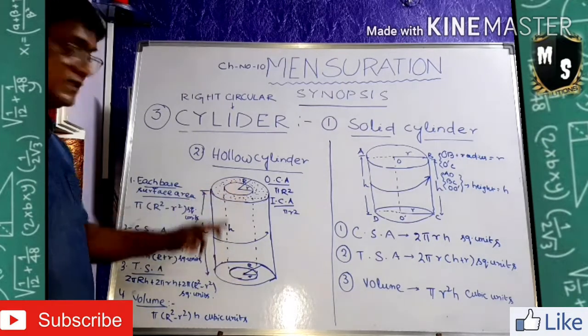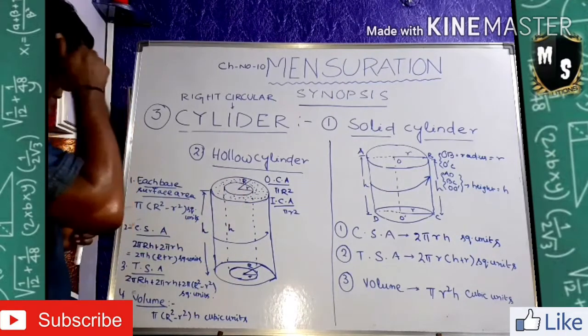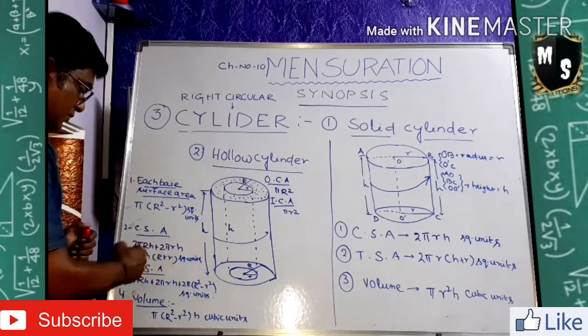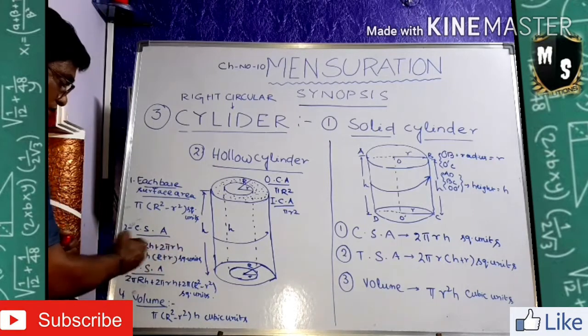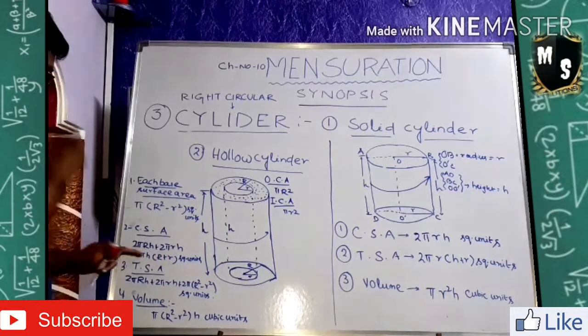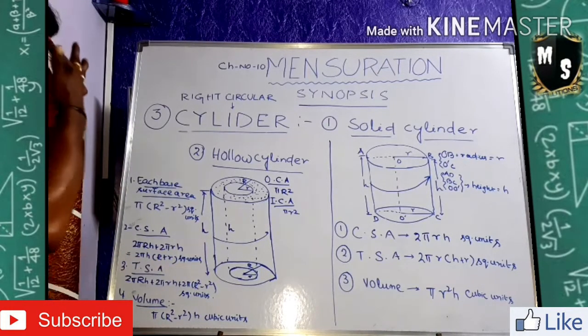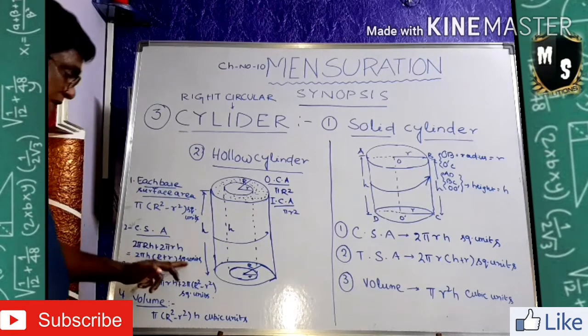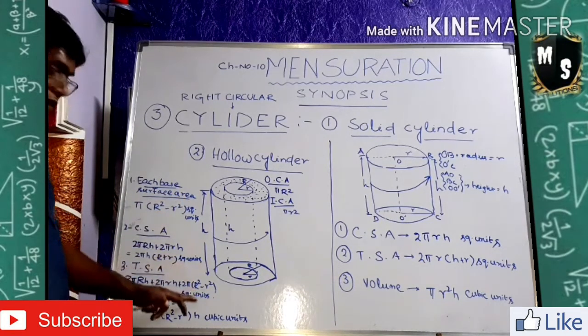The inner cylinder is a small cylinder, having a small radius. When you add these two, you have 2 pi big RH and 2 pi small rh. 2 pi is common, h is also common. Then what is coming? R plus r square units. That is square units, because these are all areas.